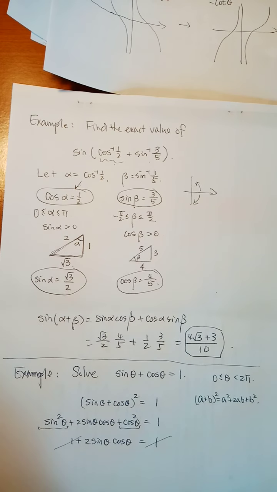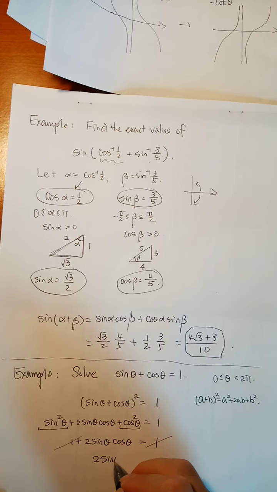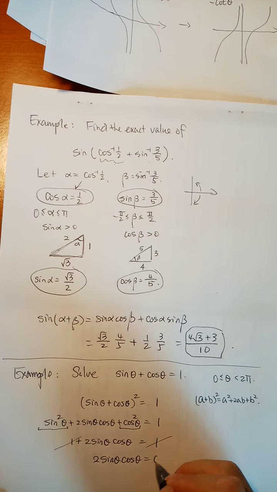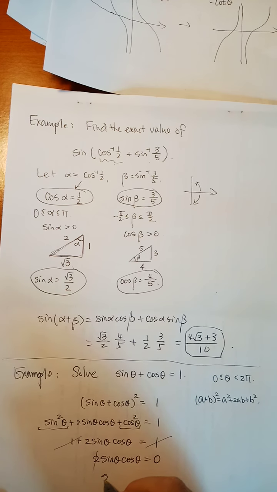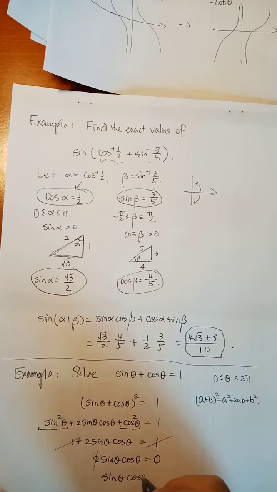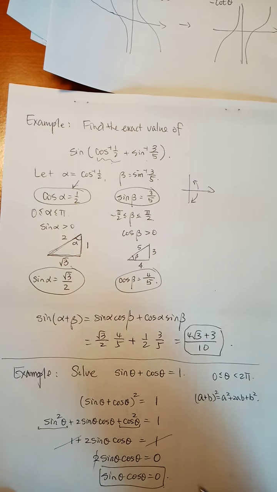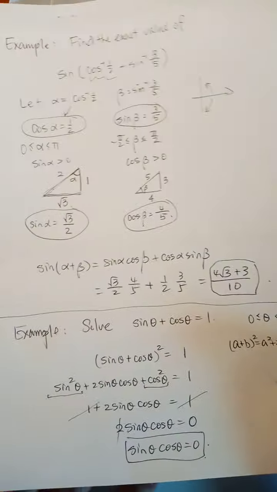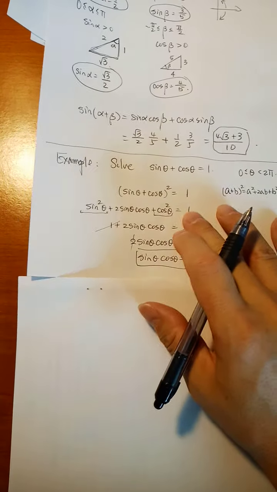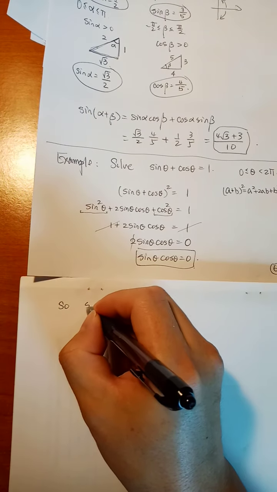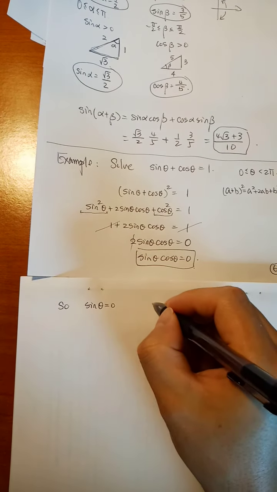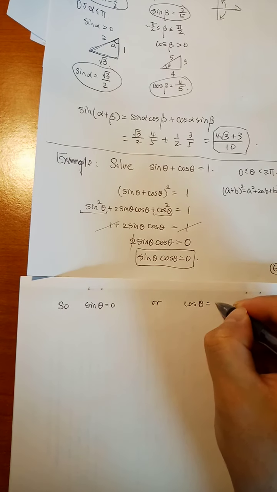The 1 from two sides cancel. You get 2 sine theta cosine theta is equal to 0. Now you divide this equation by the coefficient 2, you get sine theta times cosine theta is equal to 0. It's not the answer, but this is a formula we need. Very good. So a product is 0. Then we get either sine theta equal to 0 or cosine theta equal to 0.